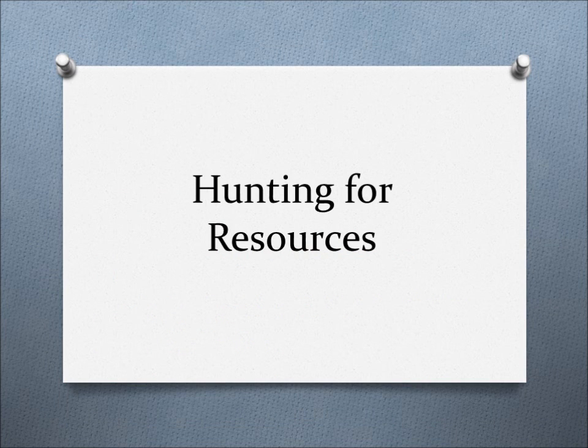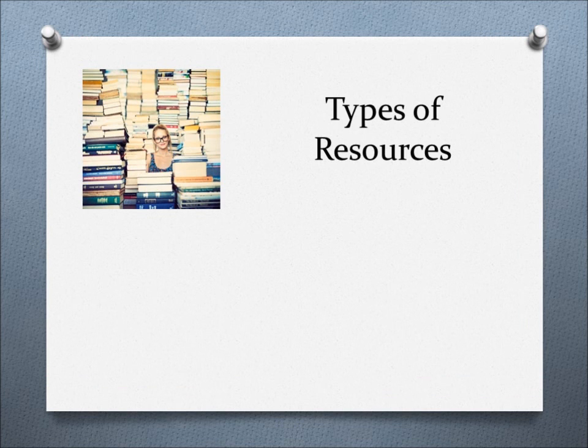After choosing your topic, the next step will be to find resources that support or contest your thesis. Types of resources. Sources are either primary, records of what happened, or secondary, reports or commentary compiled after the fact. Secondary sources often analyze or comment on primary sources.